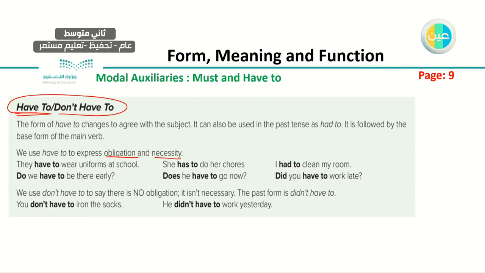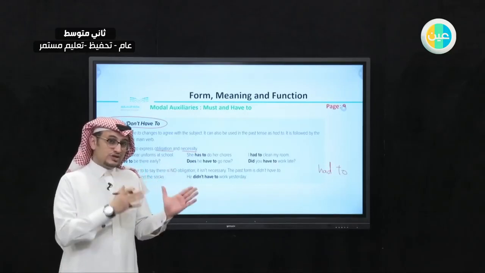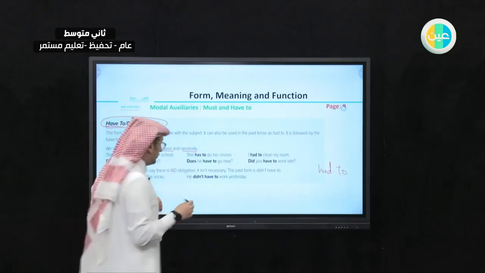Can I use them in the past form? Yes, you can use them in the past form. I have to becomes I had to in the past form. Can I use it with all kinds of subject pronouns? Yes, but you have to take care of singular or plural form.